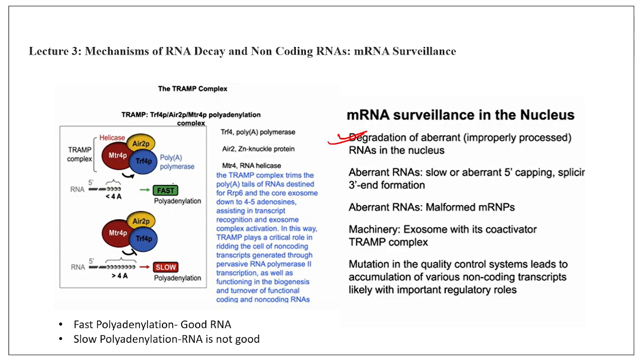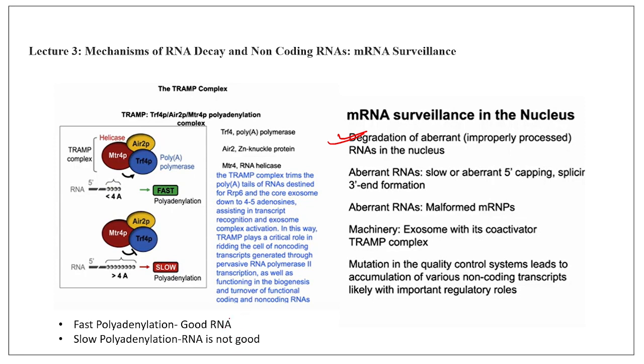Okay. So basically what happens is that this TRAMP complex will cleave the poly A tail up till 4 to 5 adenosines. After that, whether cleavage will occur or not depends upon whether the RNA is aberrant or not. If the RNA is not aberrant, if the RNA is not bad, then the polyadenylation would be very fast. If the RNA is improperly made, improperly processed, then polyadenylation would be very slow.